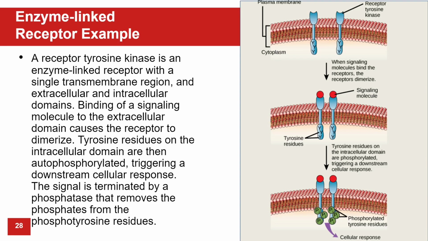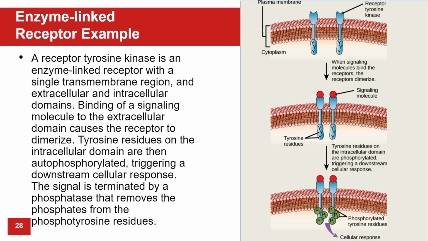Enzyme-linked receptors. We've got this tyrosine kinase. It's an enzyme-linked receptor with a single transmembrane region. So we've got two of those there. Binding of a signal molecule to an extracellular domain causes the receptor to dimerize. Di means what? Two. Okay. Tyrosine residues on the intracellular domain are then autophosphorylated. What's phosphorylation?